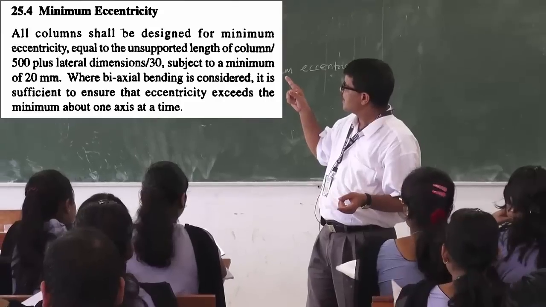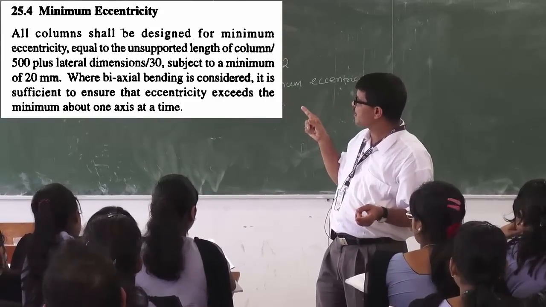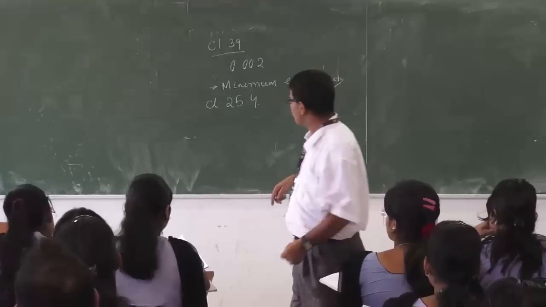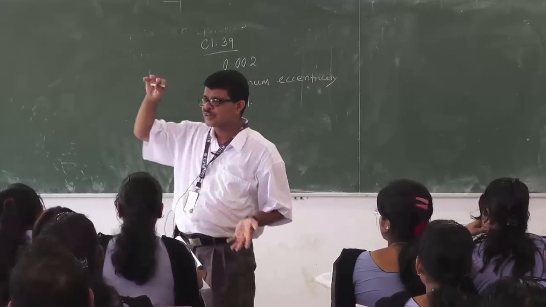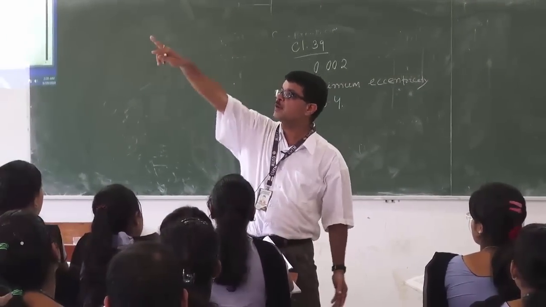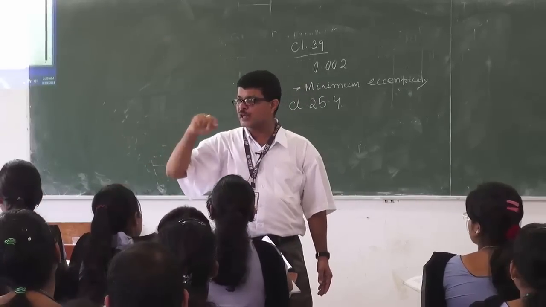So all columns shall be designed for minimum eccentricity equal to the unsupported length of column. Suppose you have a column of some height. Length means the height of the column supported between two floors. Between two floors, say from this beam down to the ground floor, there will be a column.